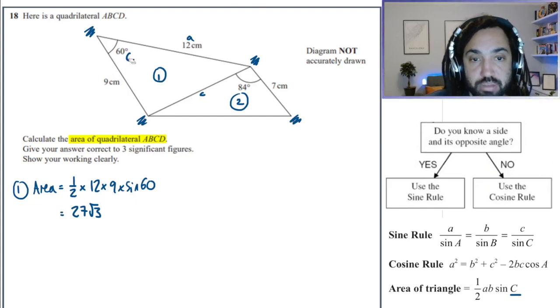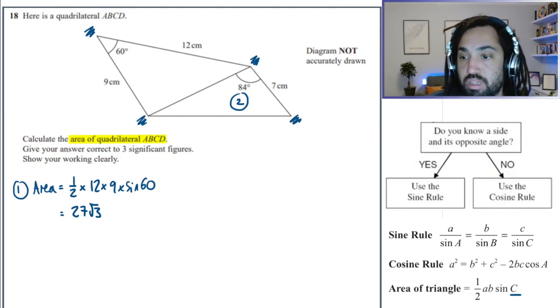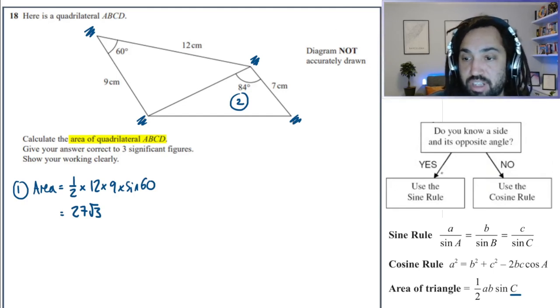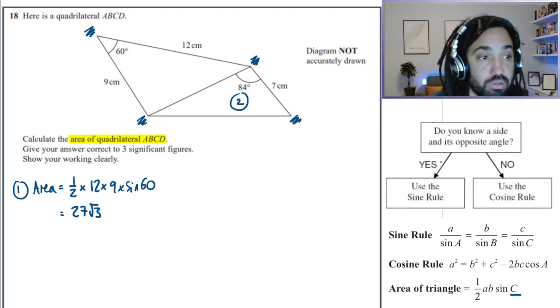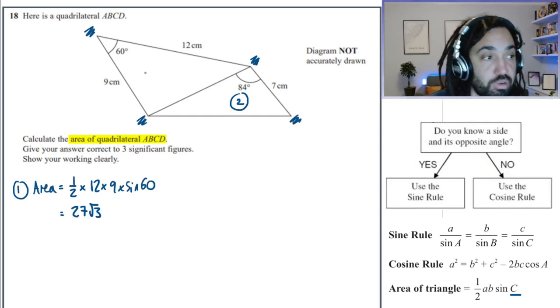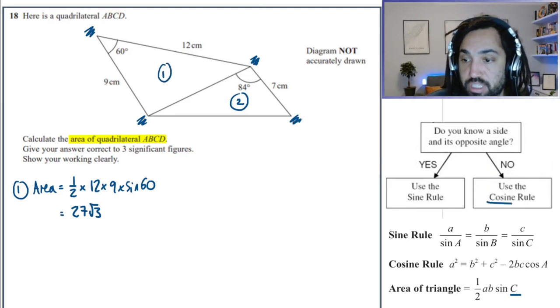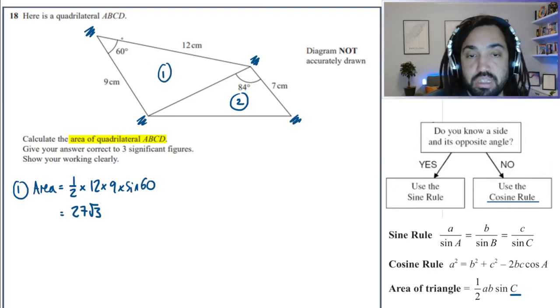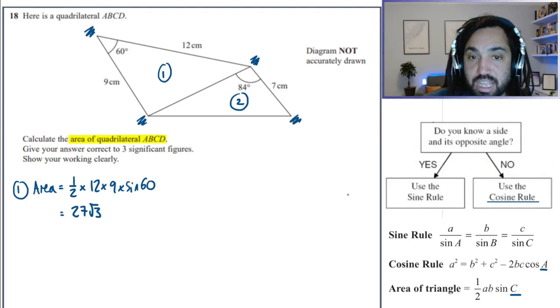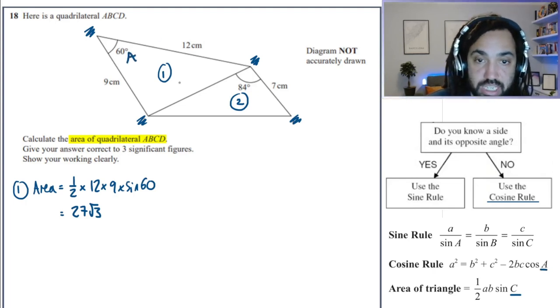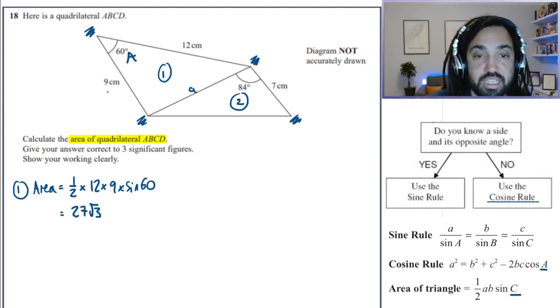So I need to relabel. Now, do we have a side and opposite angle inside of this first triangle here? No, I don't. So therefore I'm going to be using the cosine rule. Now the angle in the cosine rule is capital A. So this angle now becomes capital A, which means this side is little a, which means these are now the b and the c.